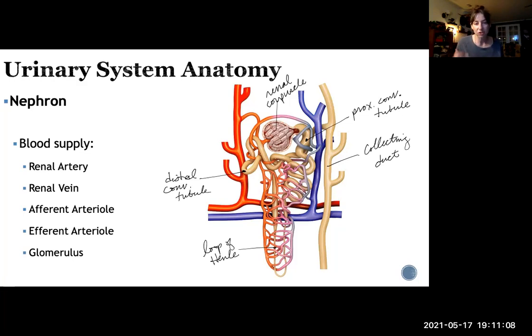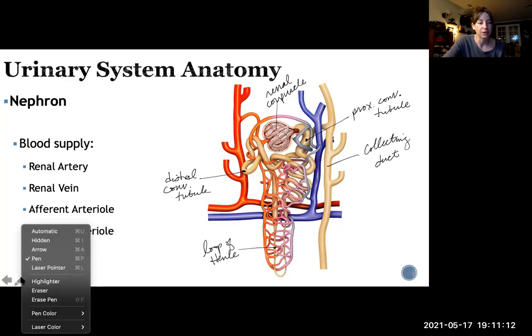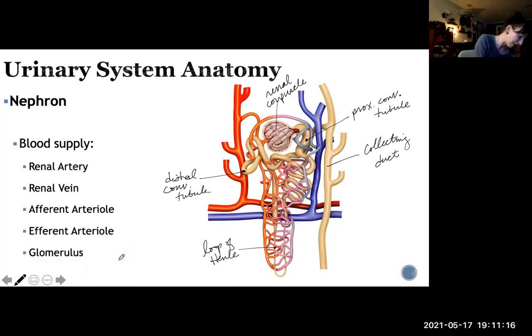Now this slide is showing you the different parts of the blood supply that go to the nephron. So we know about the renal artery that goes into the kidney to begin with. It gets smaller and smaller until it becomes the afferent arteriole, which enters the glomerulus.